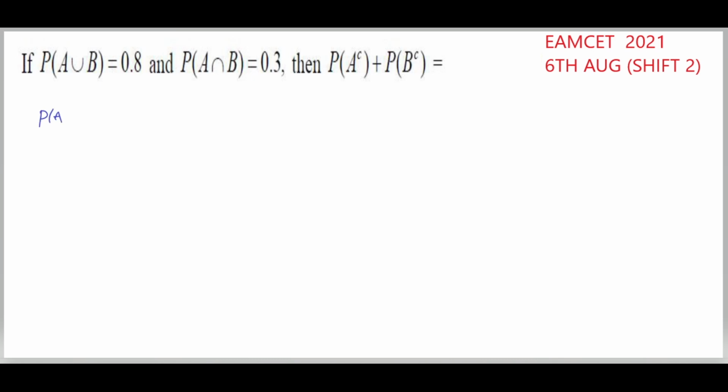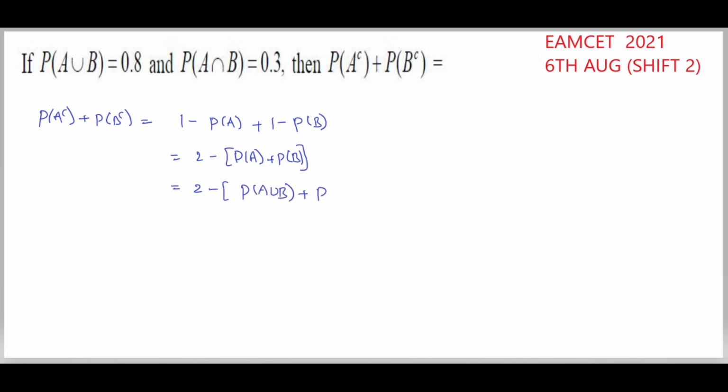That is P of A complement, 1 minus P of A, plus P of B complement, 1 minus P of B. That is equal to 2 minus of P of A plus P of B. This is P of A union B plus P of A intersection B. That is equal to 2 minus 0.8 plus 0.3, that is equal to 2 minus 1.1, that is equal to 0.9.